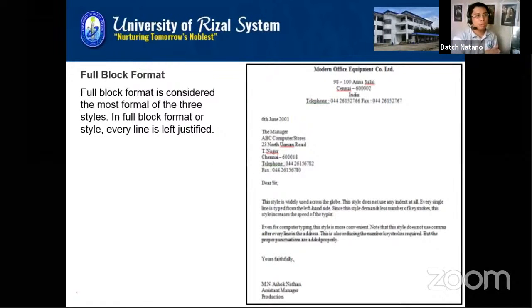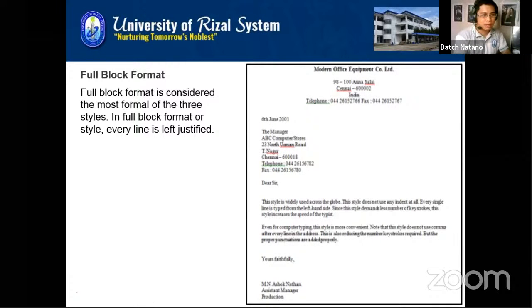This is an example of a full block format, which I think is the easiest one to format. As you notice, this one is the letterhead. So we just need to pay attention to the other parts of the letter from the date line down to the signature.